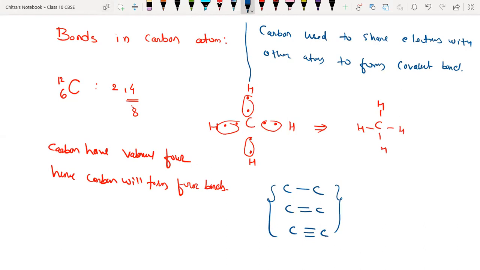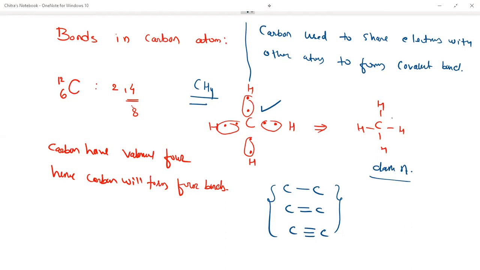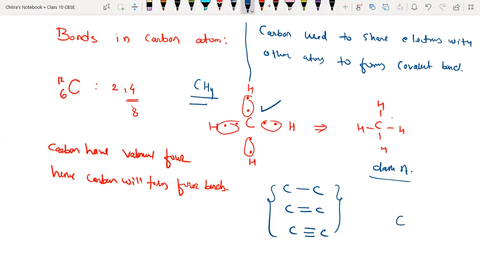In order to understand the structure of methane, here we have the bond structure. Here we have the dash structure. And we have the carbon and hydrogen electron dot structure of methane also. Generally we represent carbon's electrons as crosses and the electrons of hydrogen as dots.